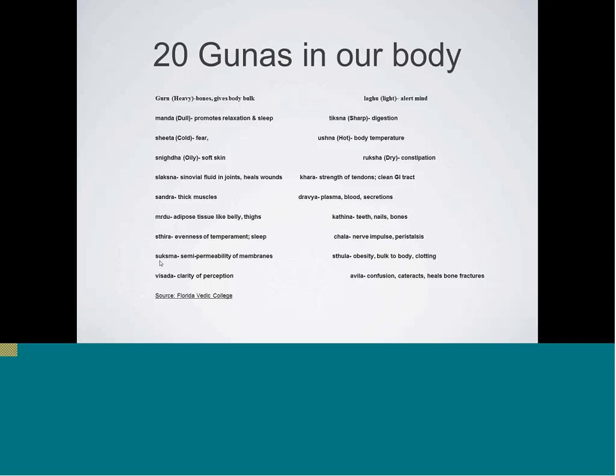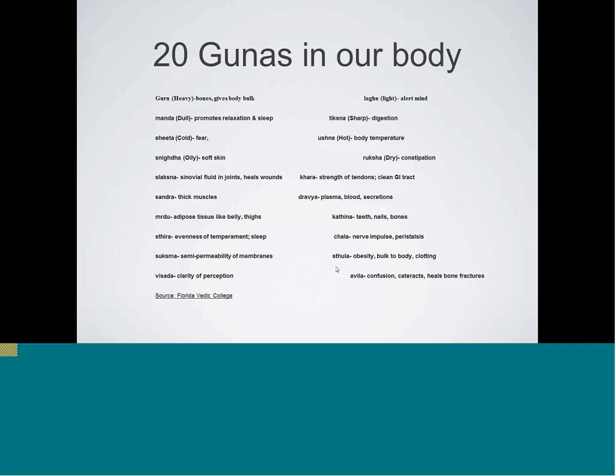The sukshma or subtle quality is manifest in the semi-permeability of membranes. It's the ability of membranes to be semi-permeable that allows things like the gas transfer that's involved in breathing and getting oxygen into the blood and eliminating carbon dioxide. The sthula or gross quality is manifest in obesity, in giving bulk to the body, and in clotting.